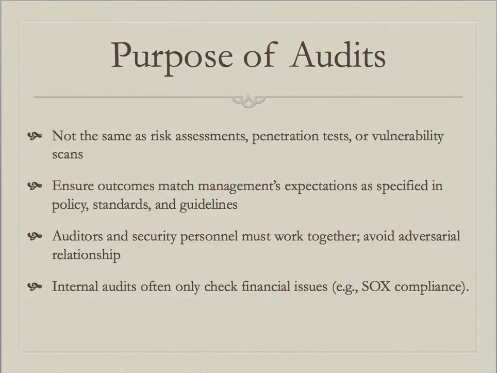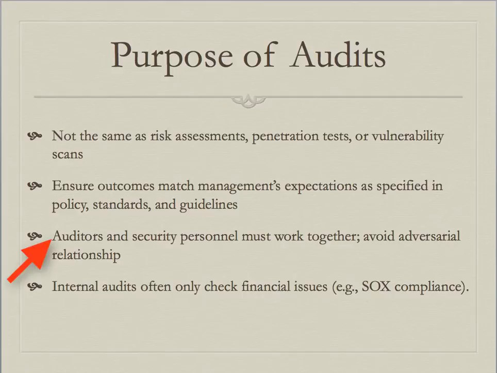A key control is something that should exist. It's a condition or state that auditors expect to find based on policy, and on the procedures and technology that we said we have implemented to reach those objectives. And we're going to look at a key control here in the next slide.